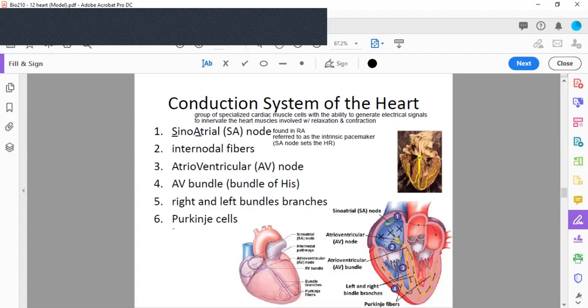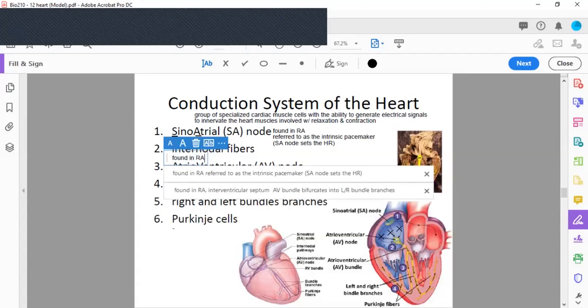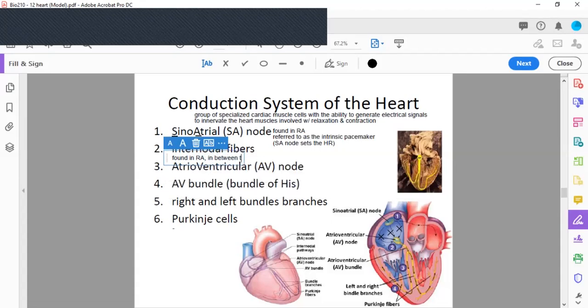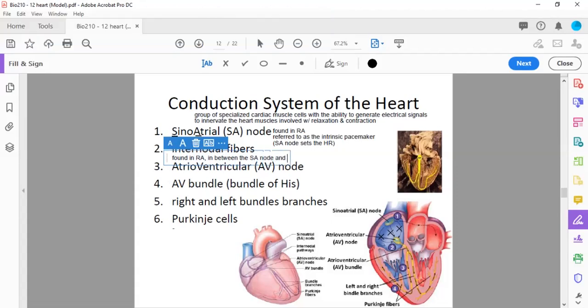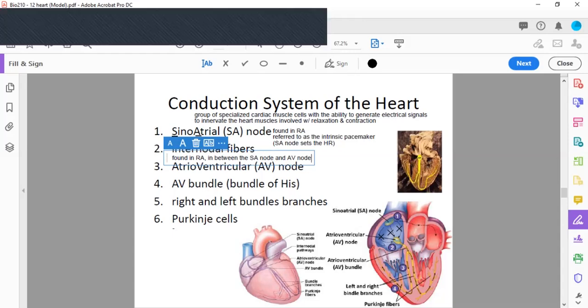They are also found in the right atrium, and to be more precise, in between the SA node and the AV node. And for that reason, it says internodal fibers. Continuing to the atrioventricular, or AV node.